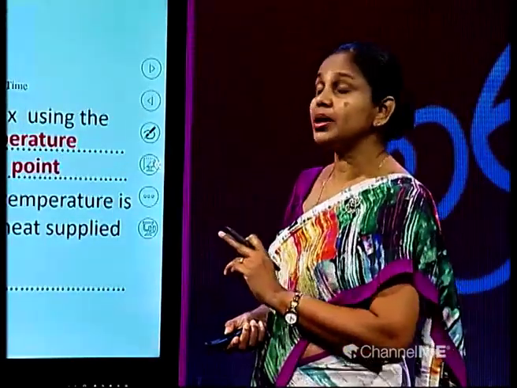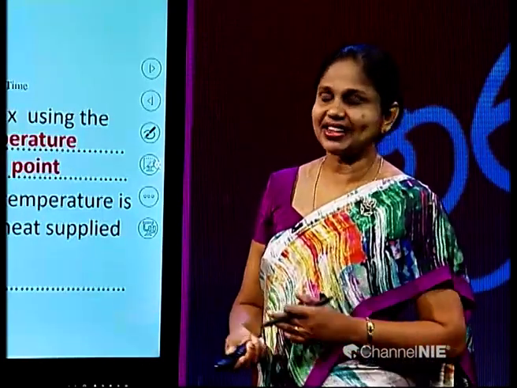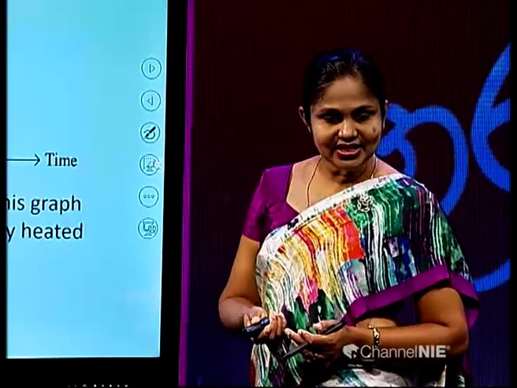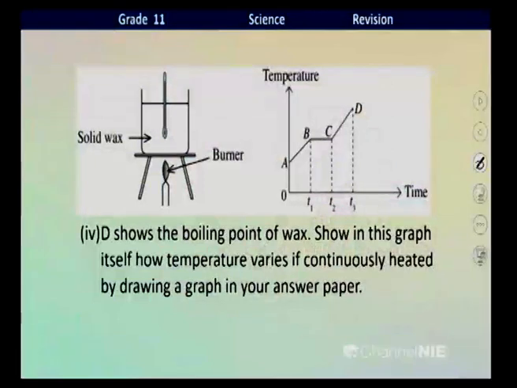Latent heat of fusion. Right. Then move to the next part of the same question. D shows the boiling point of wax. Show in this graph itself how temperature varies after that.